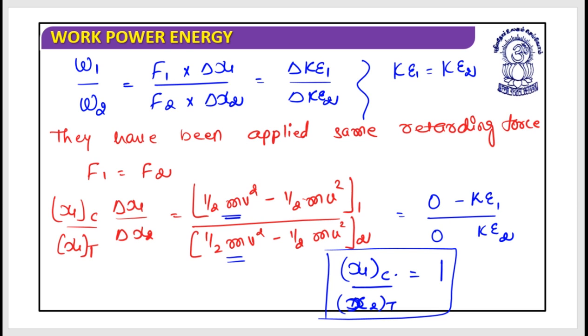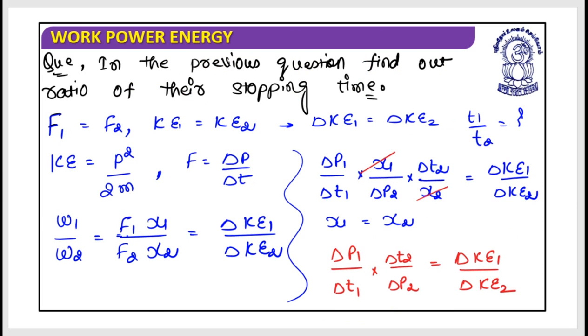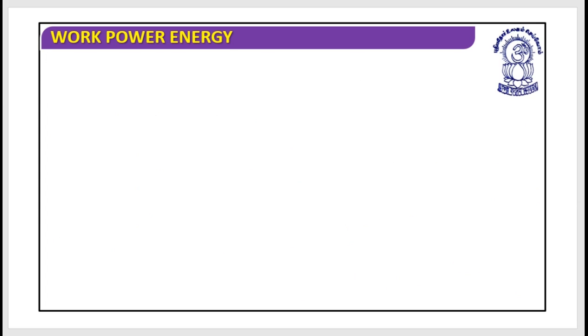Yes, because we understood that car would be having more stopping distance and truck would be having less stopping distance, or something like this. Yes, so this can be proved mathematically, and when it can be proved mathematically, we must understand that yes, this is the real scenario. I hope this is clear. Yes, do you find it interesting? Let's have some more questions based on this principle only.